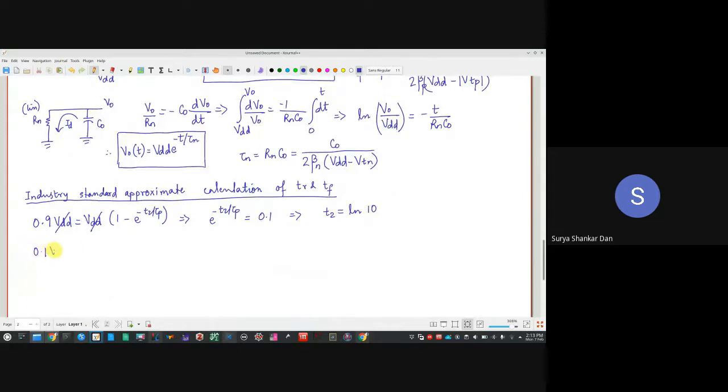Here the 0.1 VDD instance will come when it is T1: e to the power of minus T1 by tau p. VDD cancels. 1 minus 0.1 is 0.9. I'm sorry. This is going to be tau p ln 10.